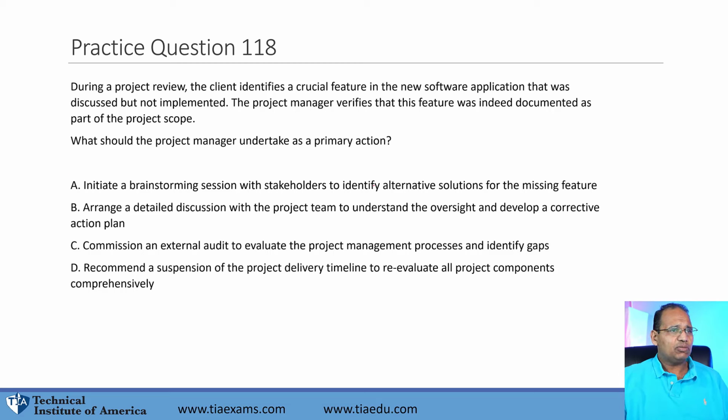Initiate a brainstorming session with the stakeholder to identify alternatives for the missing feature. Arrange a detailed discussion with the team to understand the oversight and develop corrective action. Commission an external audit to evaluate the project management processes and identify gaps. Recommend the suspension of the project delivery timeline to reevaluate all project components comprehensively.